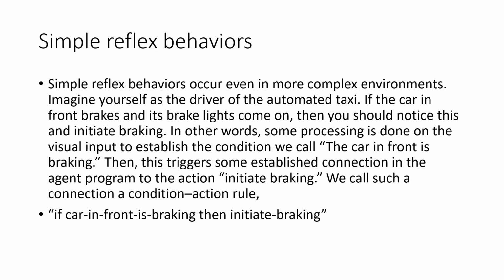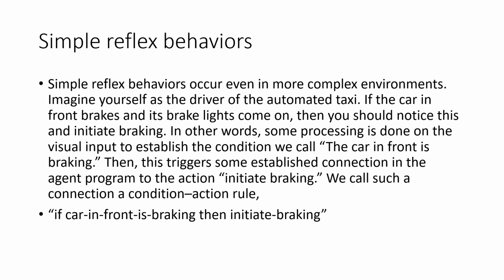Simple reflex behavior occurs even in more complex environments. So we can consider an example, the driver of an automated car, a taxi. If the car in front brakes and its brake lights come on, then you should notice this and initiate braking. So in other words, some processing is done on the visual input to establish the condition.